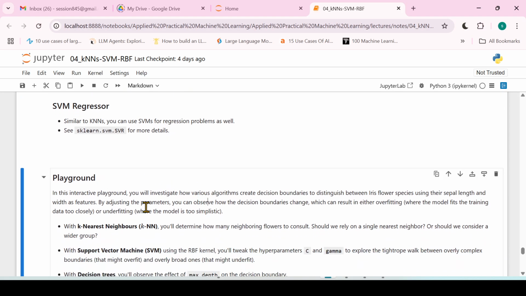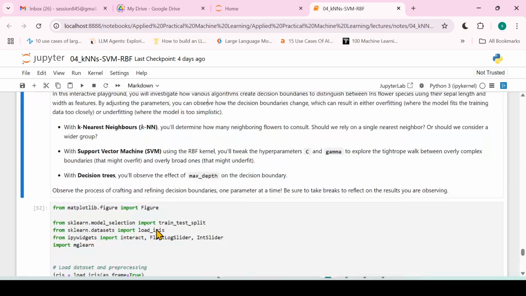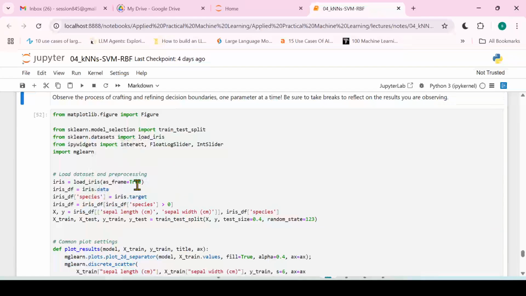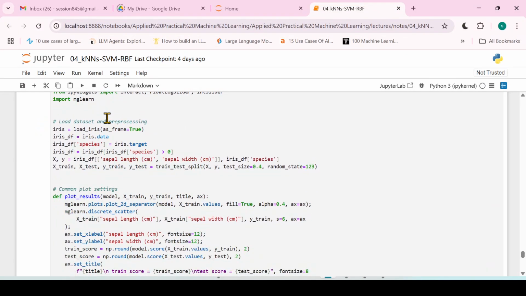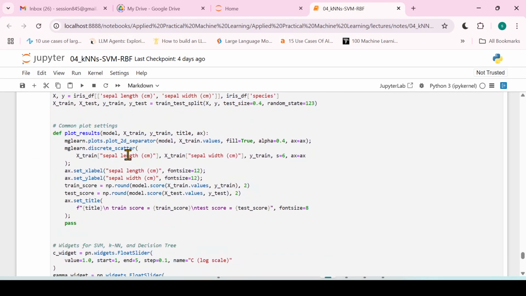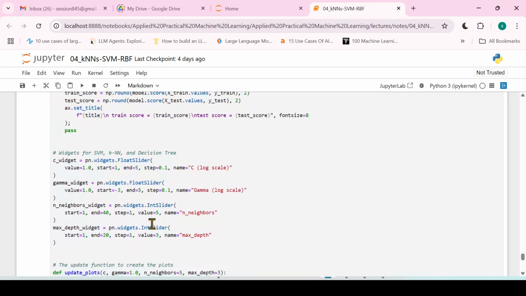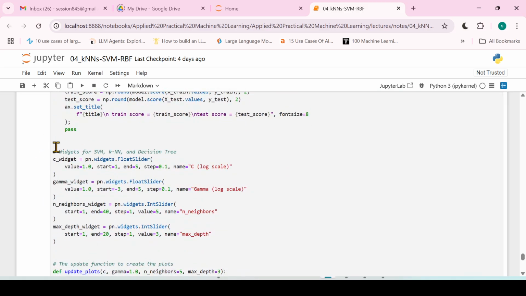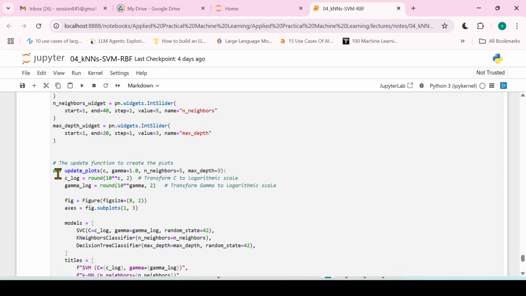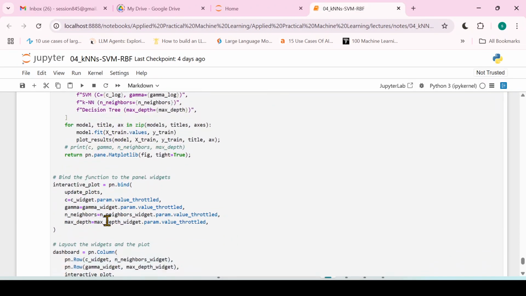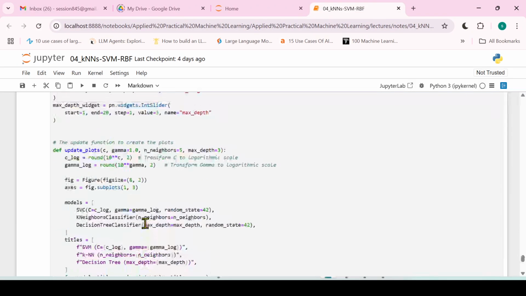And here is our interactive playground with the SVM, support vector, and decision tree. Here we have the iris data set. We have a function to plot the result. We have different parameters like C, gamma, neighbors, and max depth. We have a function to plot the data with the different models. So this is the interactive dashboard we have.